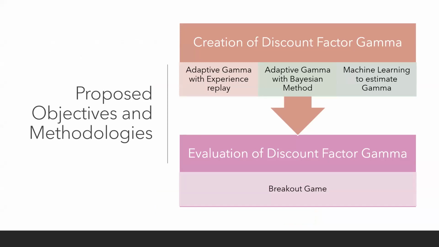For improving this exponential discount factor, I propose the following objectives and methodologies. First of all, I will experiment on the creation of a discount factor gamma using three things: adaptive gamma with experience replay, a Bayesian method, and machine learning to estimate the gamma, which is state dependent.